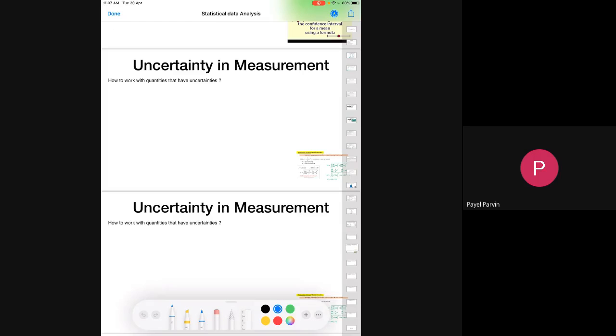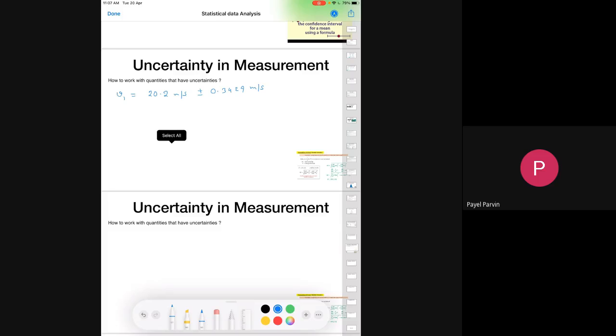So suppose I have measured a quantity, let's say a speed v1, and I know that my average speed is 20.2 meter per second. Of course, the unit is always important. Then I report an uncertainty after doing some sort of statistical analysis as 0.3429 meter per second.